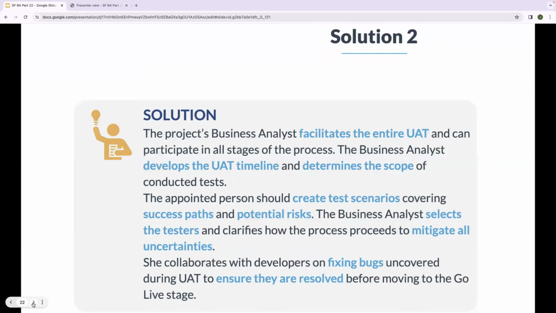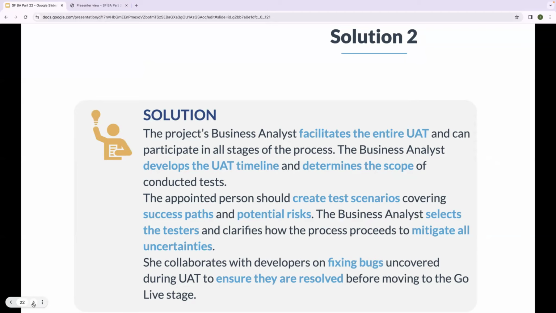The project business analyst facilitates the entire UAT and can participate in all stages of the process. The business analyst develops a UAT timeline and determines the scope of conducted tests. The appointed person should create test scenarios covering success paths and potential risks.